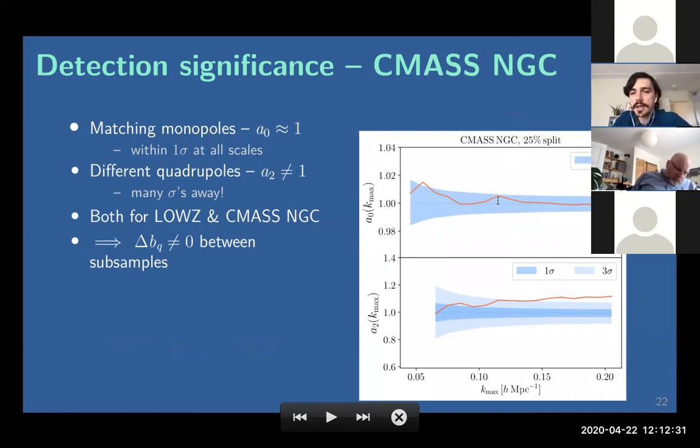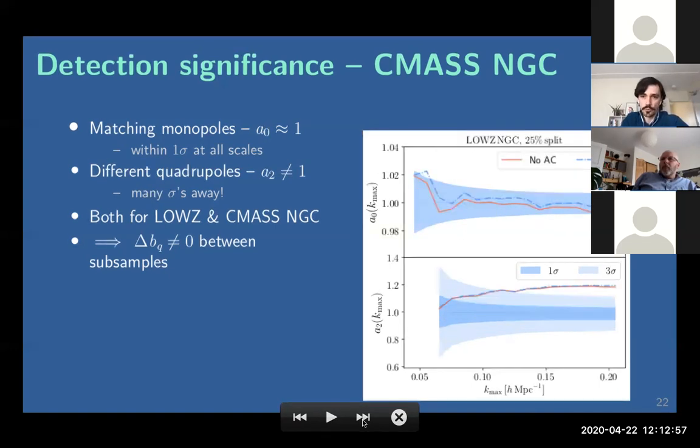And this line is basically the measurement we get from CMASS. However, this is for the monopole, but for the quadrupole, you see that even at almost linear scales, you go out from the 3 sigma region very quickly the further away in Kmax you go, so the more scales you're fitting to. So you do see very different quadrupoles, which are many sigmas away. And so this was for CMASS.